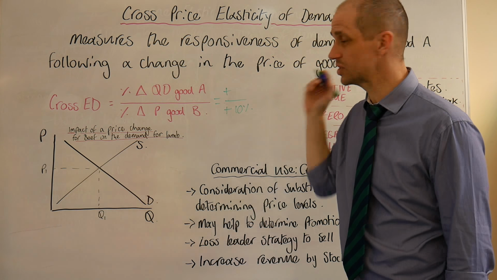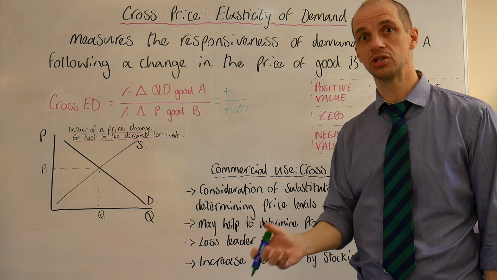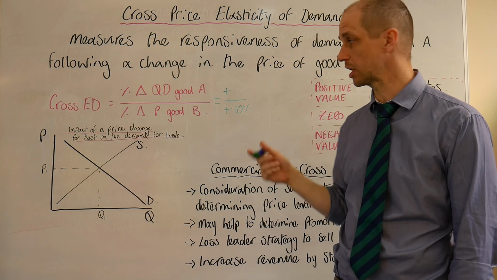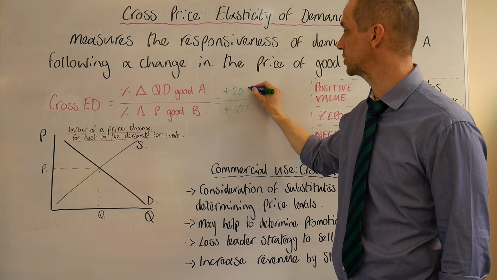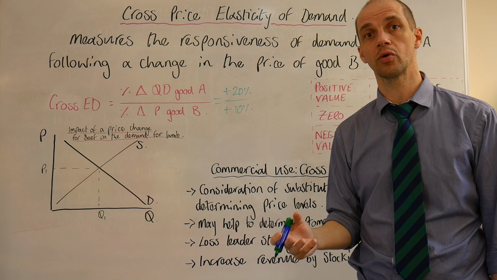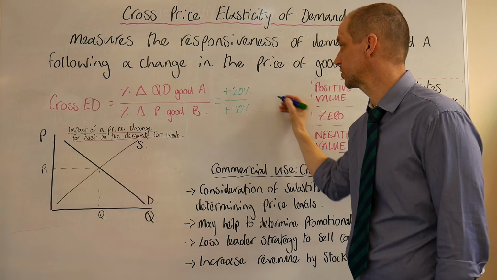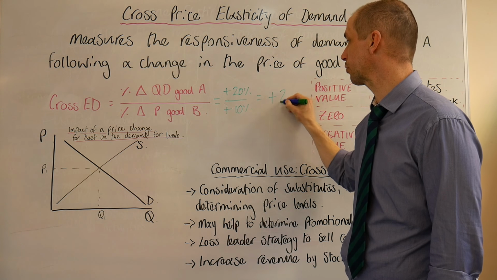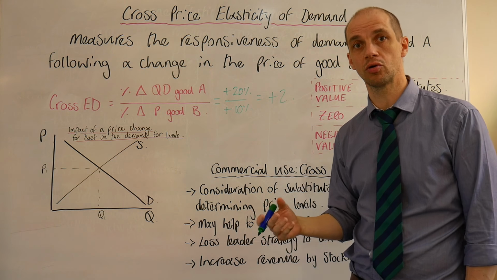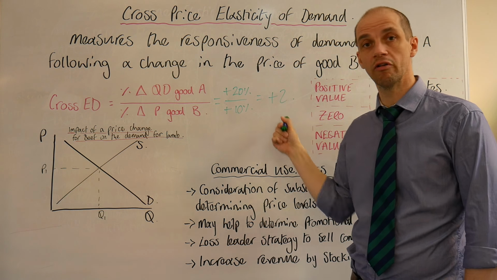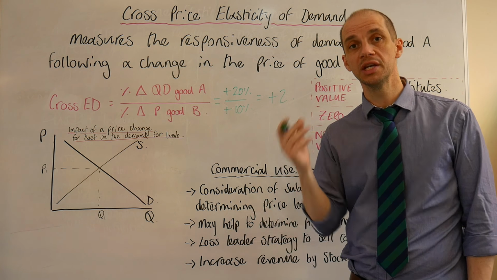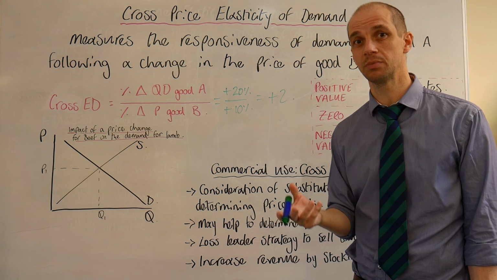Well, because there is a degree of substitutability and they are relatively close substitutes, we might see a 20% increase in the quantity demanded of lamb in this instance. So that would therefore feed through to a positive cross elasticity of demand of +2. This means that they're relatively close substitutes.